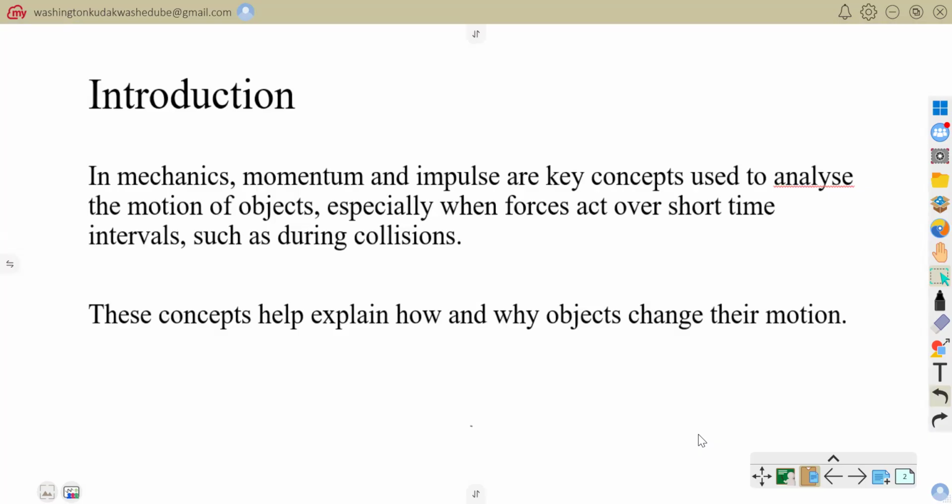So in actual essence, what we are saying is that these concepts help us to explain how and why objects change their motion within a short time interval.